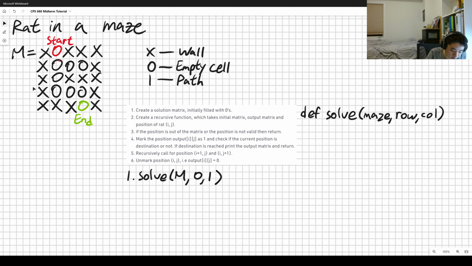To its right it's a wall. Actually, it goes down first and then right, according to the algorithm. So let's go down first, which is here.